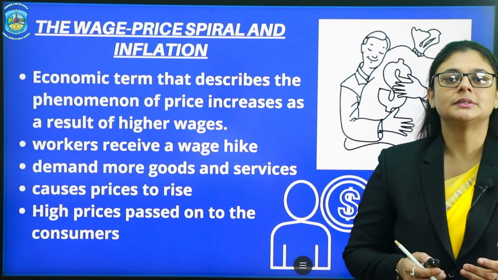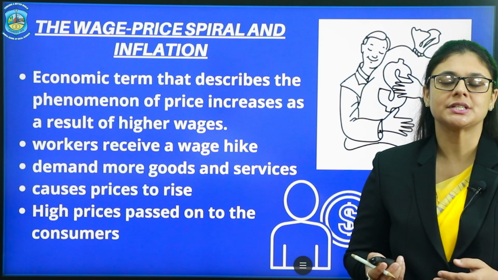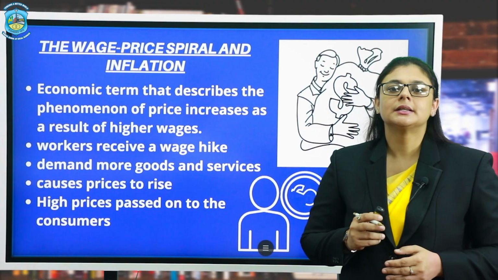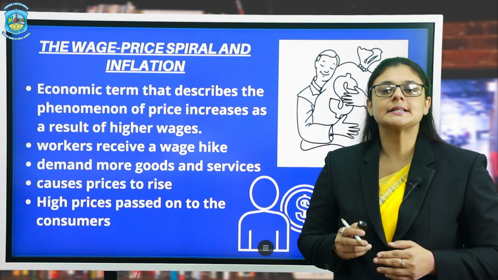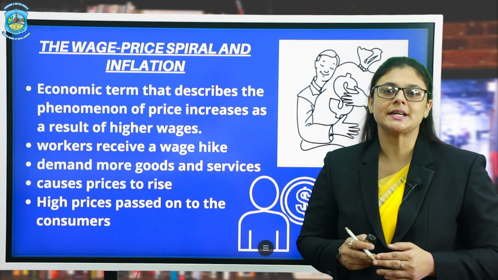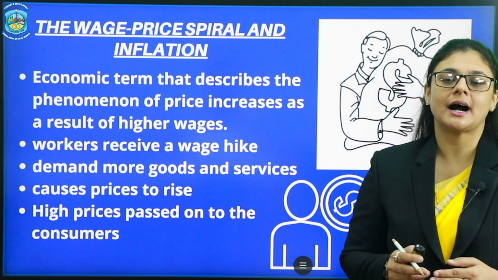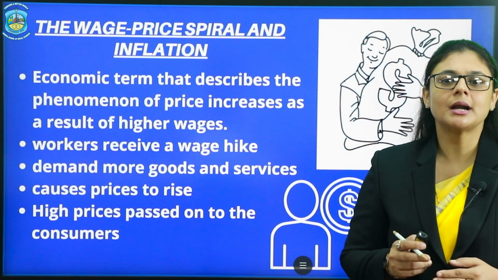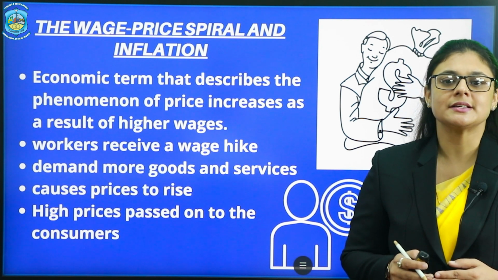Now let's talk about the relationship between this wage price spiral and inflation in a little more detail. The wage price spiral is an economic term that describes the phenomenon of price increases as a result of higher wages. When workers receive a higher wage hike, they demand more goods and services in the economy, and this in turn causes prices to rise.